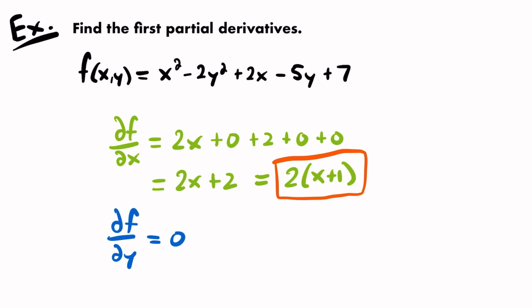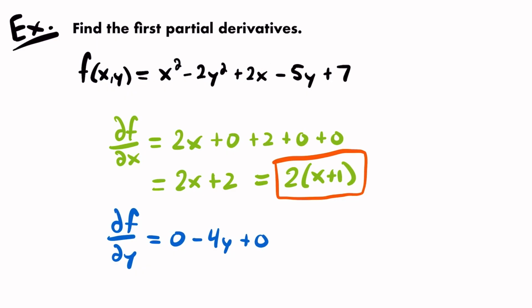Then moving on to the next term, negative 2y squared, we can take a derivative of that using the power rule for derivatives. Multiply 2 down, subtract 1 from the exponent, and you'll get minus 4 times y to the first power. Then moving on to this term, we have 2x. There are no y's in that term, so this would also just be a constant whose derivative is 0.